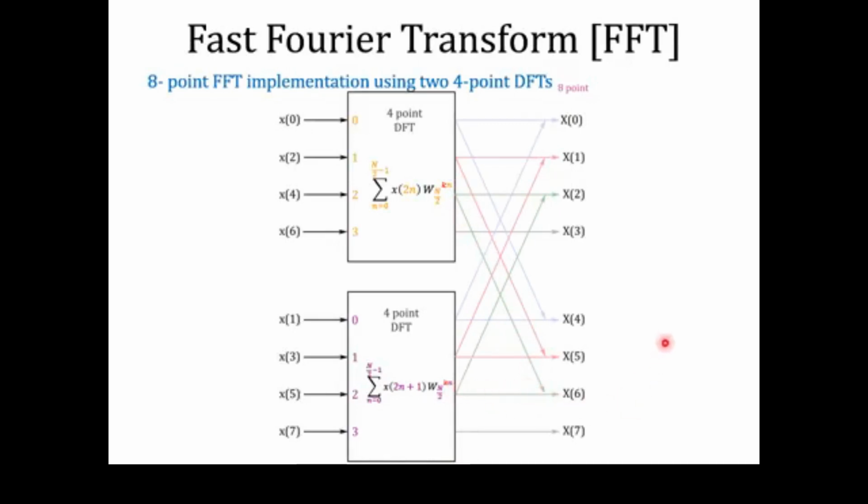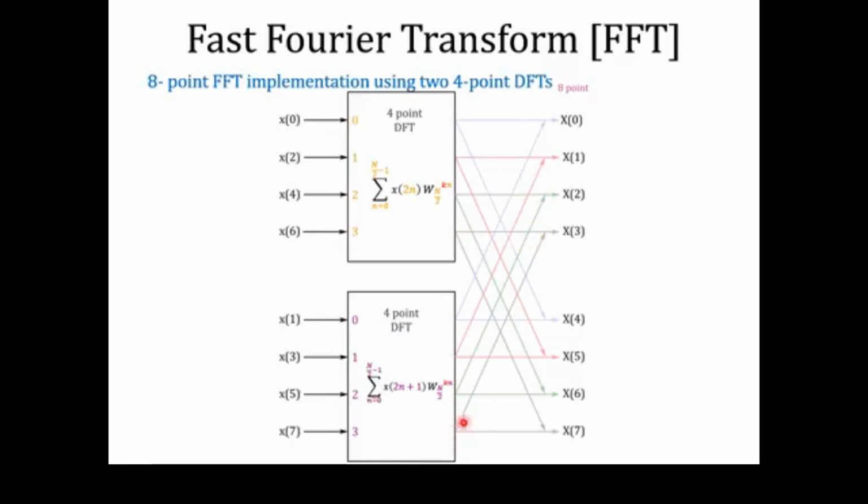Now let's come to the X of 3 and X of 7 outputs. To calculate X of 3 and X of 7, we have to combine the last sample of both the 4-point DFT outputs. So in order to find X of 3, we have to add A of 3 and B of 3. So A of 3, which is the last sample of the first 4-point DFT, is this one, which is shown by a straight line. And B of 3 is here, which is the last sample of the second 4-point DFT.